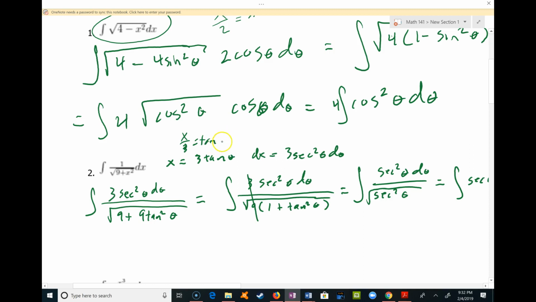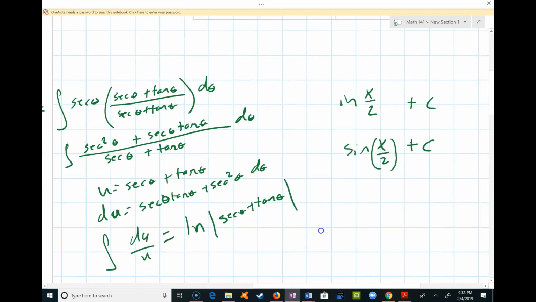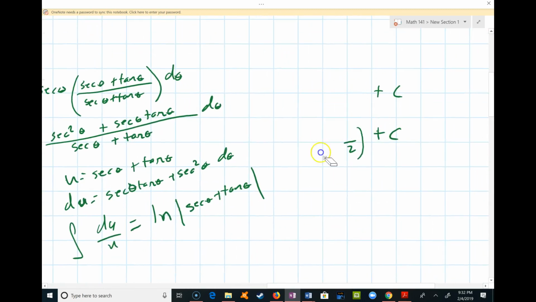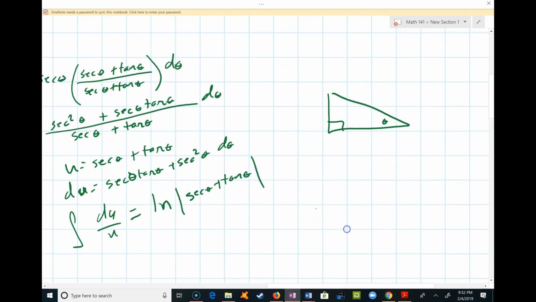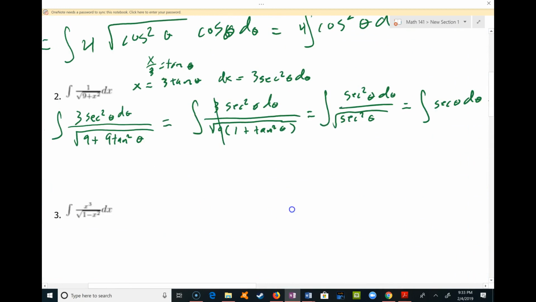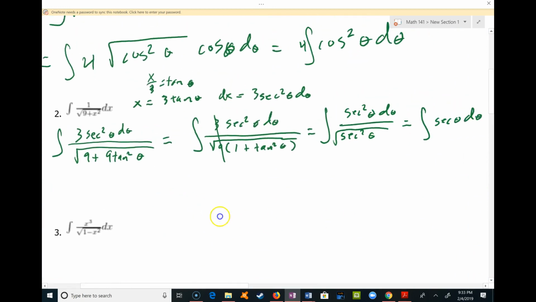So let's go back down here and draw a little triangle. Here's my theta. Tangent is opposite over adjacent, so that'd be x over 3, which means the hypotenuse would be the square root of x squared plus 9, which again, notice, is the same thing that was in our original integral.